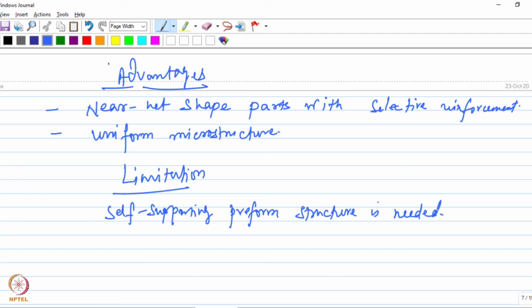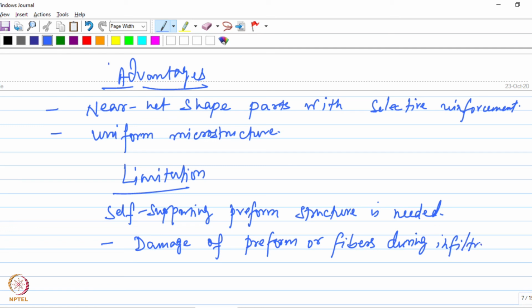And there are chances of damage to the preform or fibers during infiltration, which will lead to deterioration of the mechanical properties. So this was about the melt infiltration process.